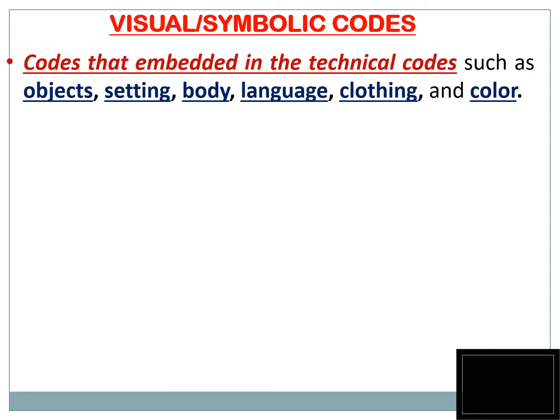So next is visual or the symbolic codes. These are codes embedded in the technical code, such as objects, settings, body language, clothing, and color. So behind the scene, ito yung mga nakikita natin, which is, 'di ba, nakakatulong din for us to determine kung ano yung information or message na nais niya iparating.